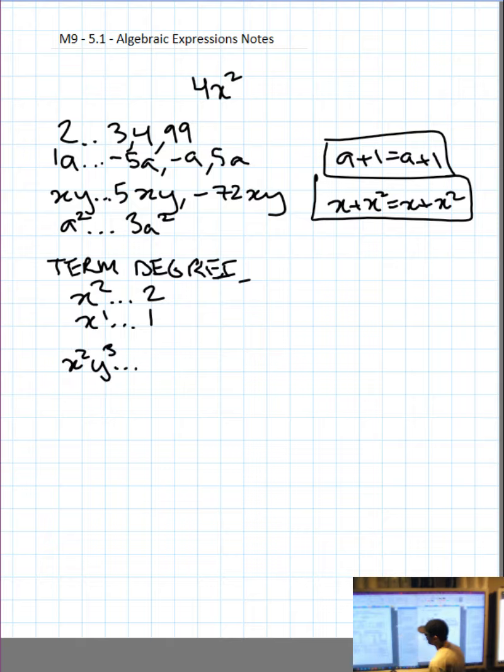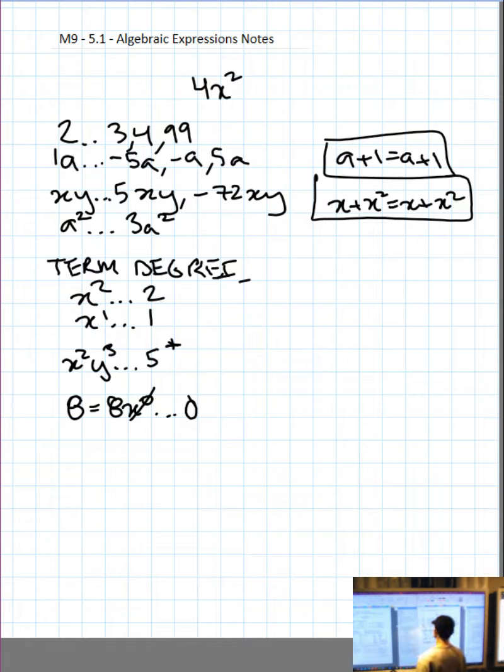For now, the degree is the sum of variable exponents, so it's 5. And the number 8 is actually 8x to the 0. We know that x to the 0 is 1, so it's gone, but it has a degree of 0. Numbers have a degree of 0.